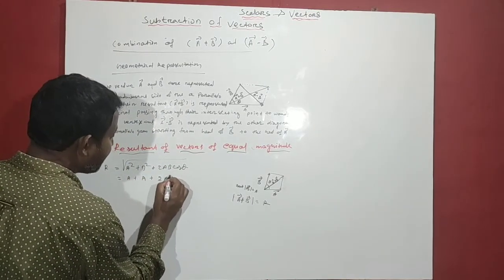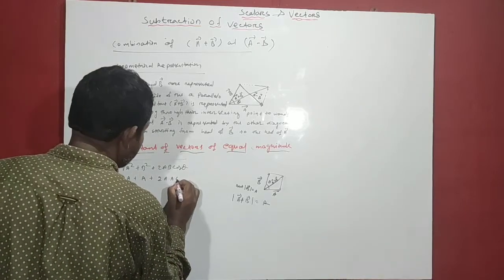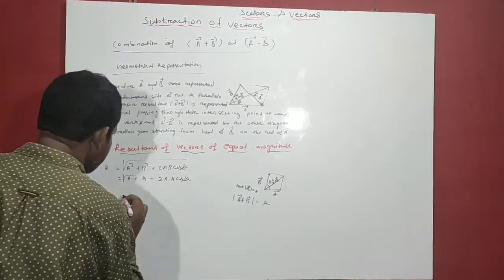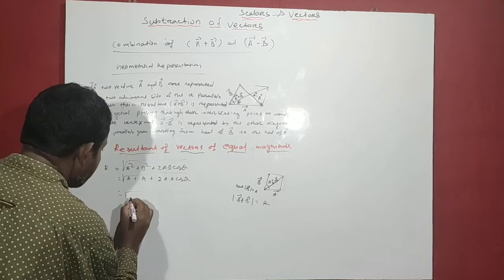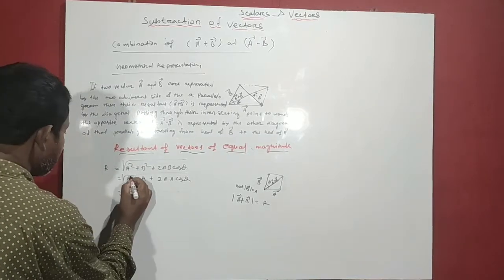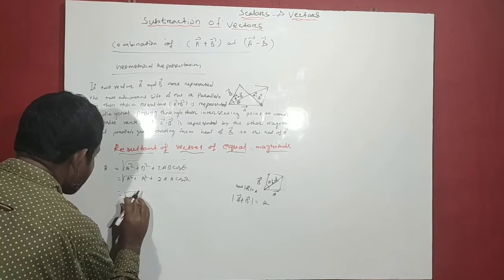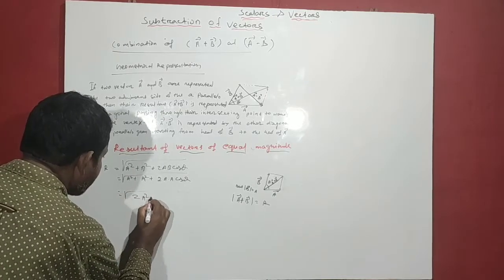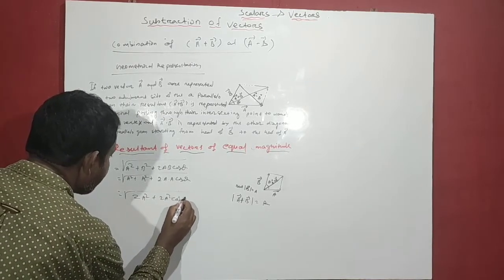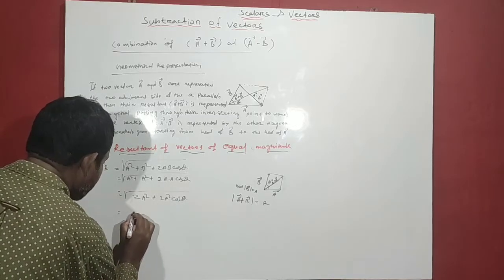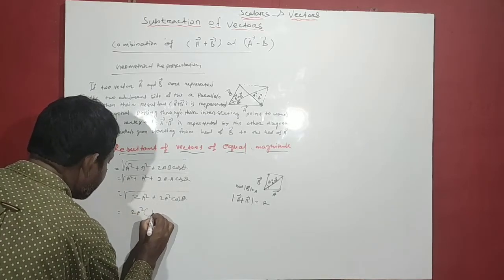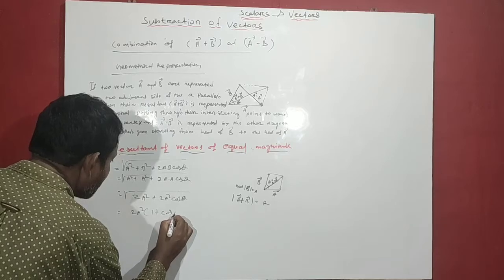2A into A, the magnitude of B vector, cos theta, under root of A square plus A square, that is 2A square plus 2A square cos theta. Taking common 2A square, 1 plus cos theta.